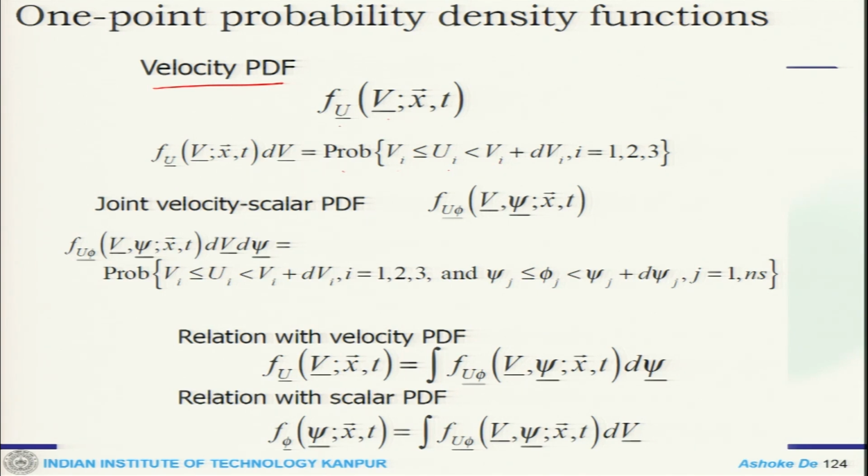Now, the joint velocity scalar PDF will be both on u and phi, and the probability of finding an event would be between a velocity component and the scalar component. Now, the pure velocity PDF can be obtained from the joint velocity scalar PDF when you integrate over d psi, and the scalar PDF can be obtained when the joint PDF is integrated over the velocity variable.